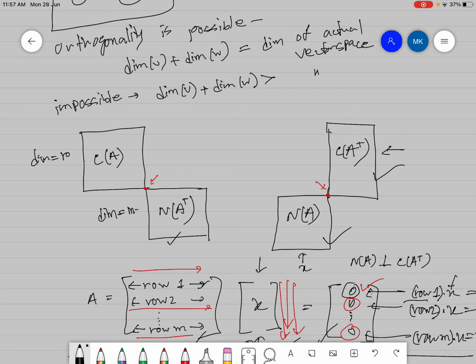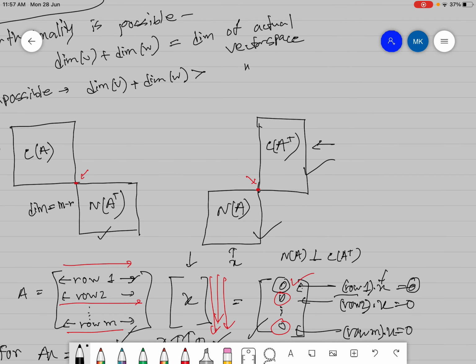You already know it from the previous class. If the dimension of the row space is r, then definitely the dimension of the null space is n minus r.